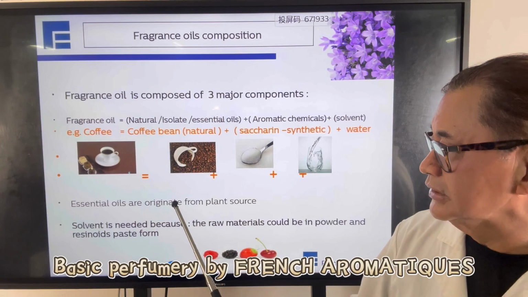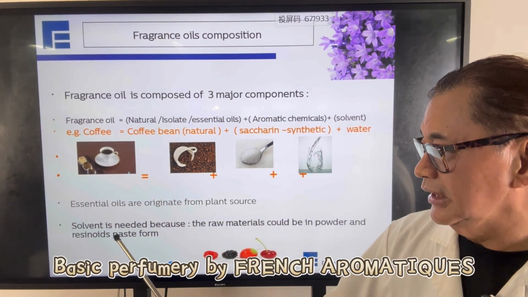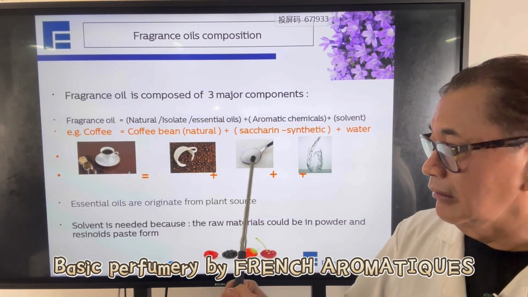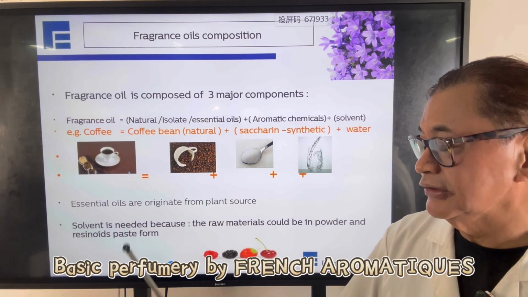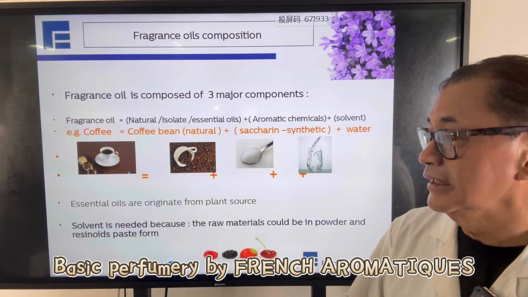The essential oils come from plant sources, and the solvent is needed because some of the raw material could be in powder form or resinous form. That's why you need a solvent to solubilize it to make it a liquid form.